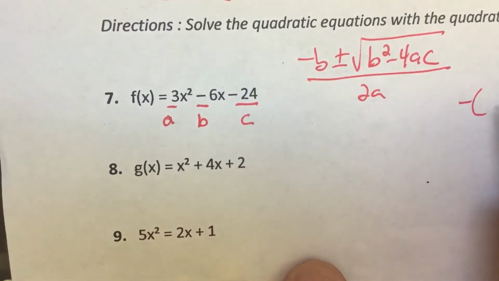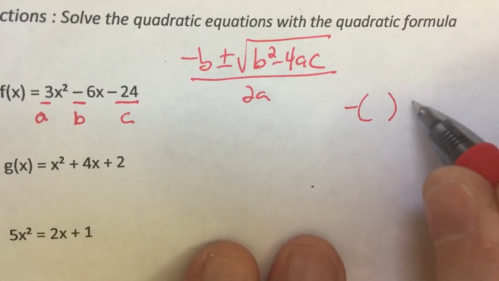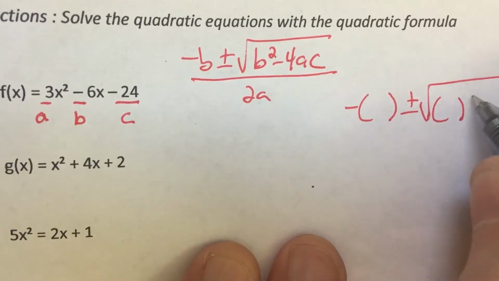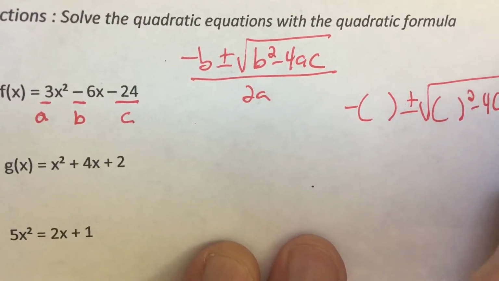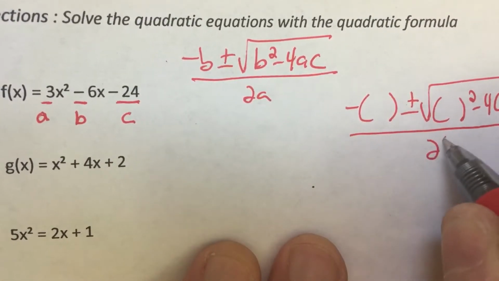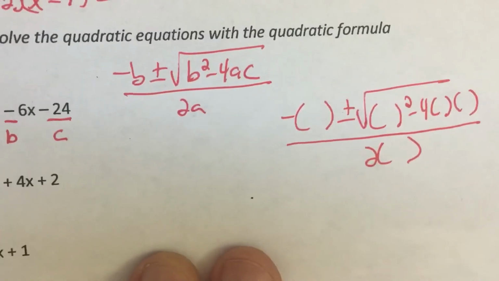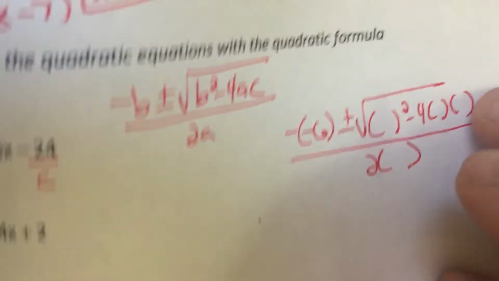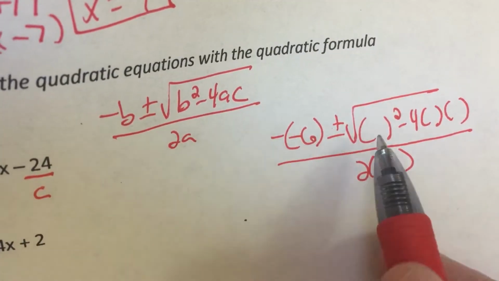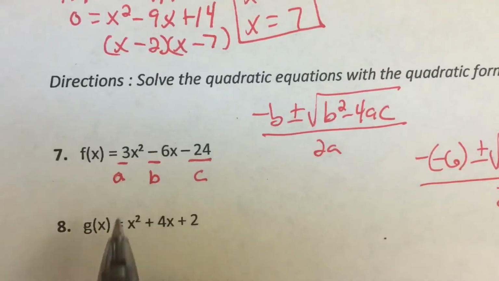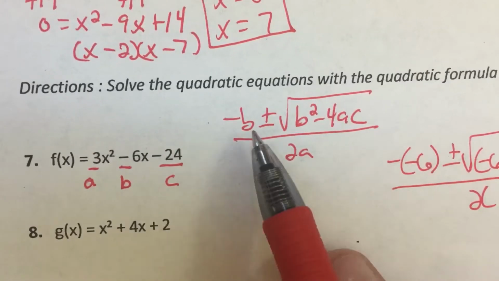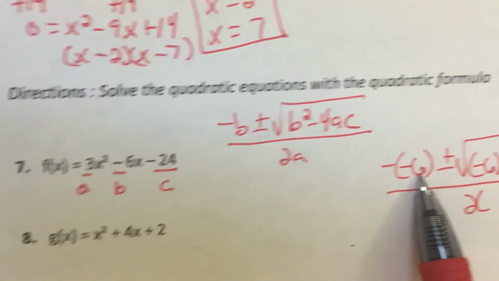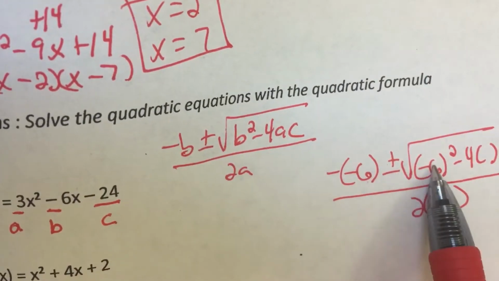So I'm going to get negative, I'm going to open up parentheses here. Okay. I'm going to look here, negative 6 goes in that box. Negative 6 also goes here, remember, because negative 6 is b, and the formula calls for b here as well as b here.